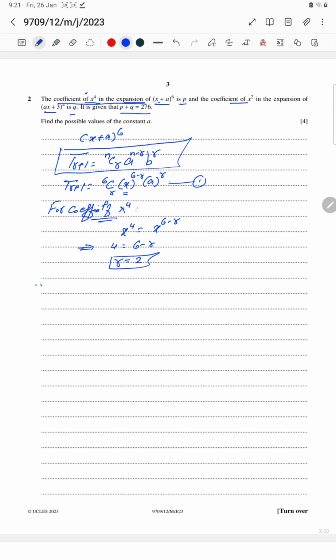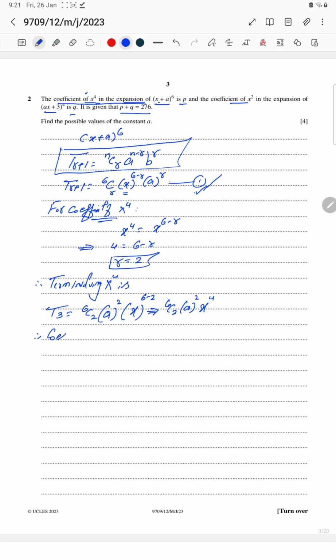Therefore, the term involving x^4 is, replacing r with 2 in this equation, T(2+1), which is T3, equal to 6C2 a squared x to the power 6 minus 2, that becomes 6C2 a squared x^4.